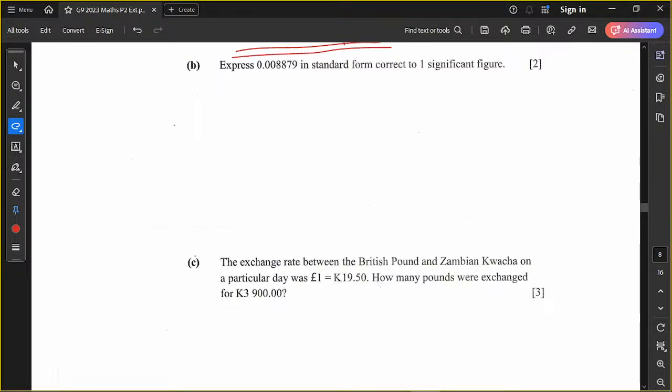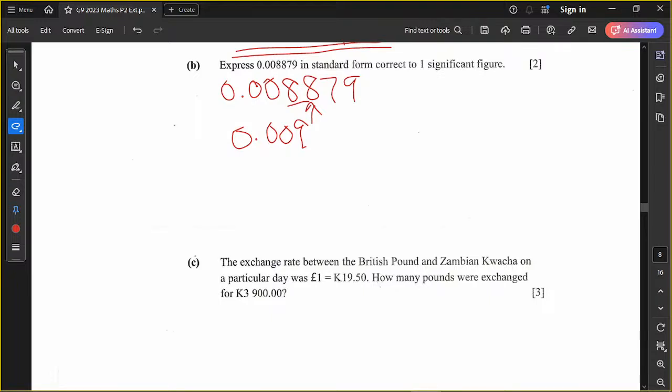So we say 0.008879. We round off this number and get rid of these numbers. So this one means we add 1 to 8, giving 0.009. We add it because 8 is greater than 5. We add 1 to 8, it becomes 9.